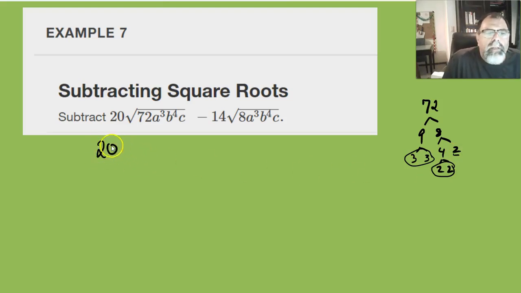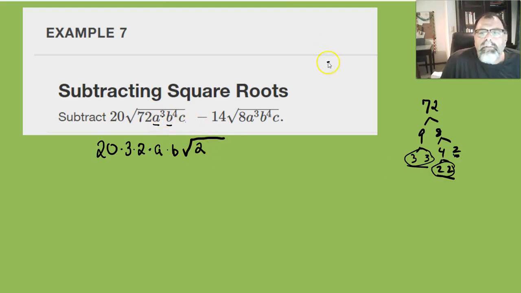So I have 20 times a 3 comes out, 2 comes out. Okay, I'm going to leave room for the a and the b. Well, I'll go ahead and write them down. c is going to stay inside. Okay, so I brought out a 3, brought out a 2, and a 2 gets left inside.